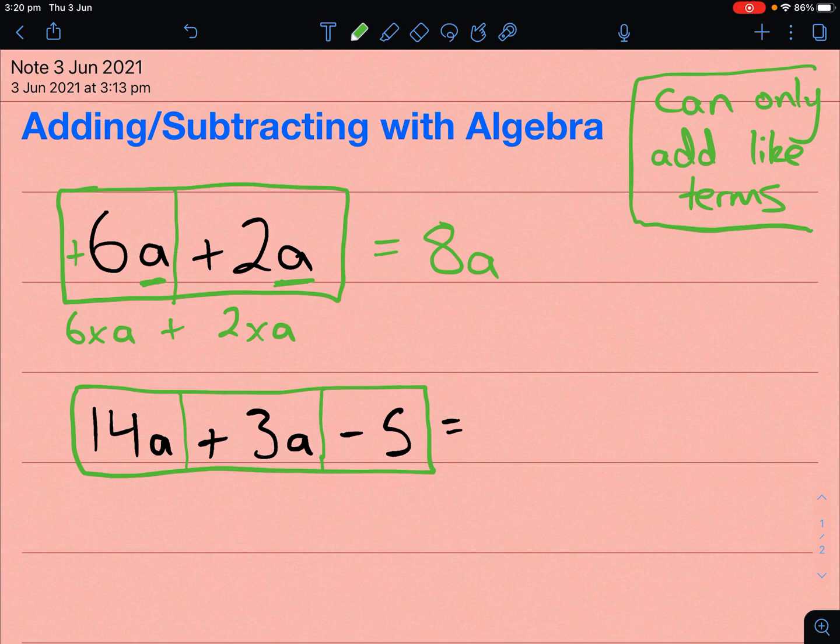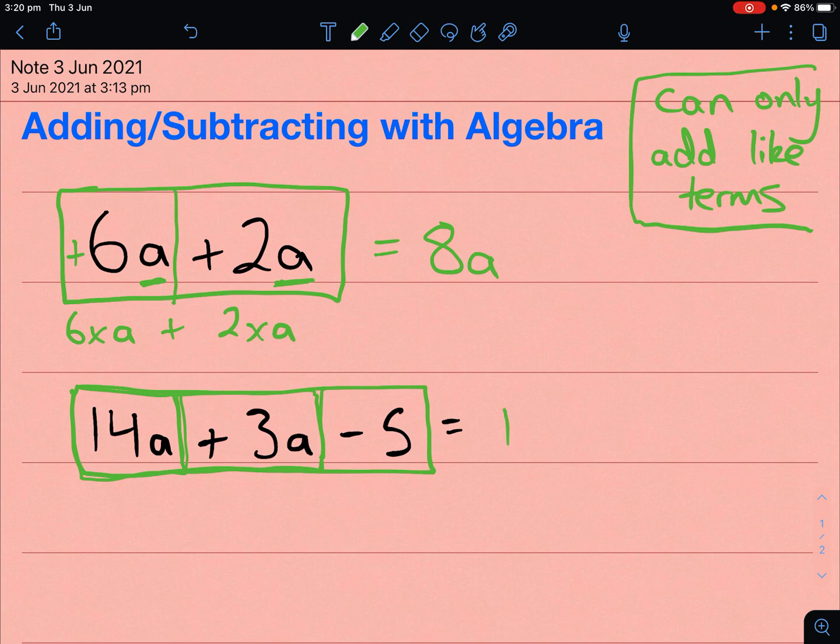So in this example, we have 3 Lego blocks, and remember, I'm calling them Lego blocks, but really the mathsy word is terms. So we have 3 terms, and we can only add together terms which are the same. So we're looking for terms which either have a letter in them or that maybe don't have any letter at all. So we can see here that these first two, the 14A and the 3A, they're both A blocks.